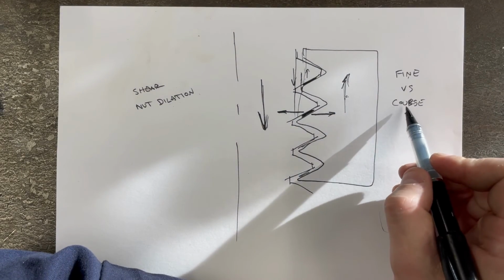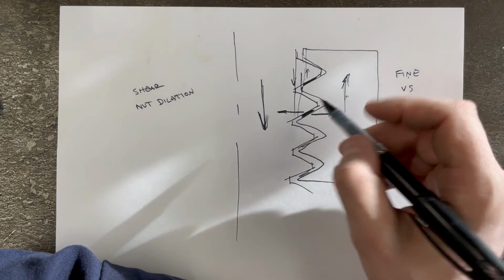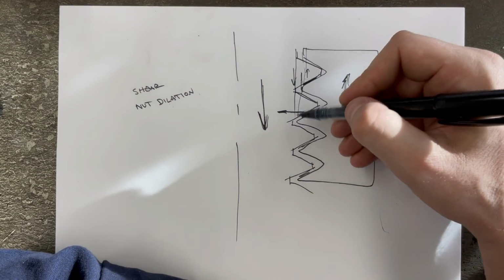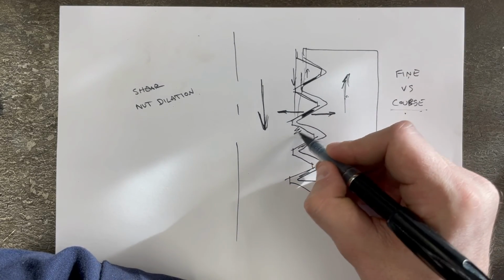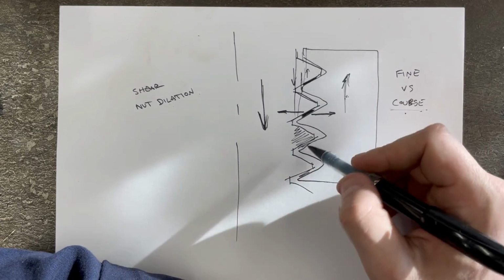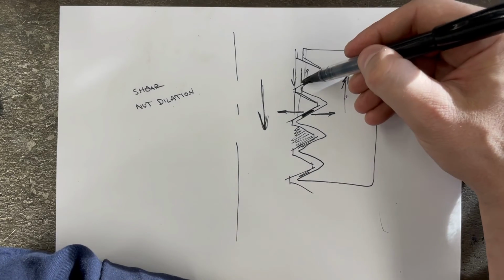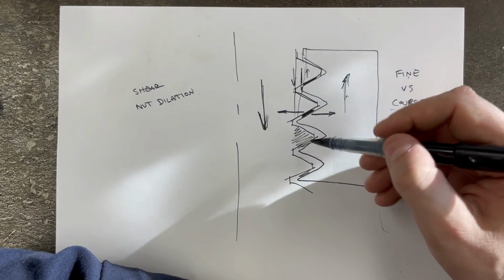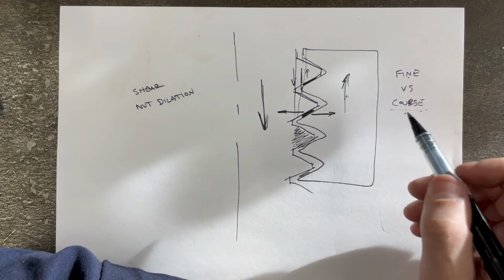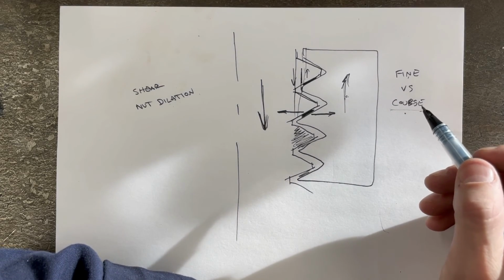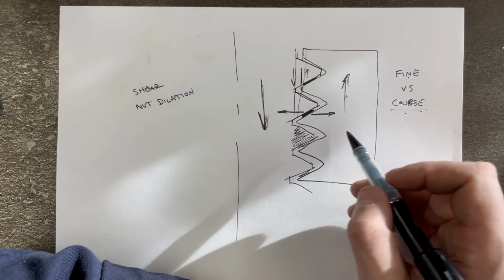However, with a coarse thread, you have a wider tooth. So you have basically more material here on the thread to resist that shearing force that I was talking about. Therefore, a coarse thread actually has more shear strength than a fine thread.